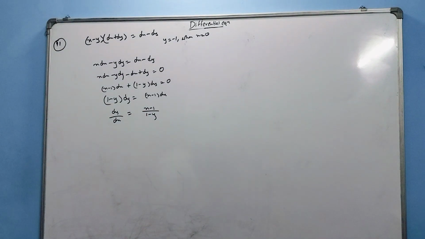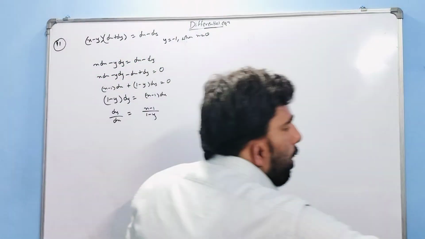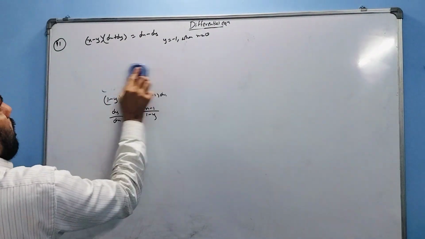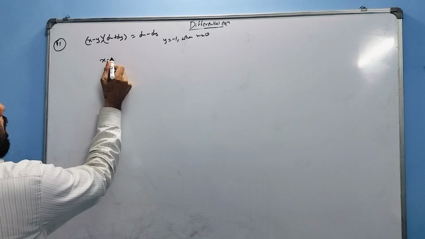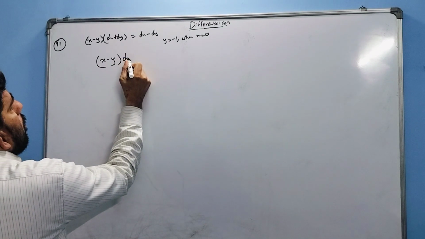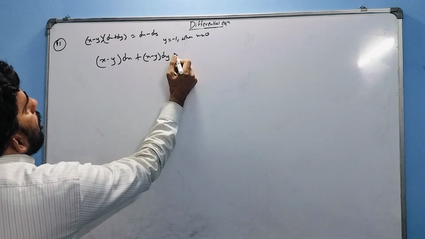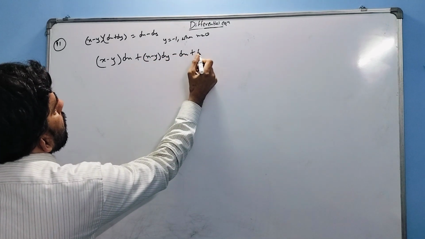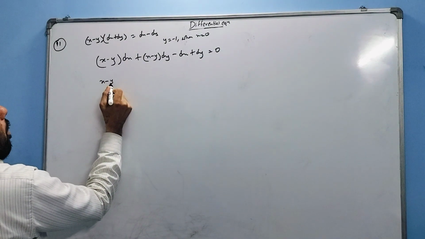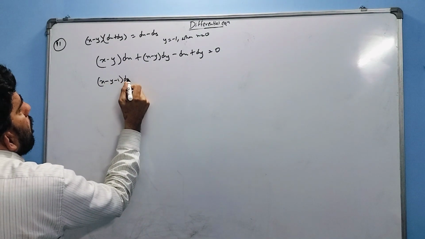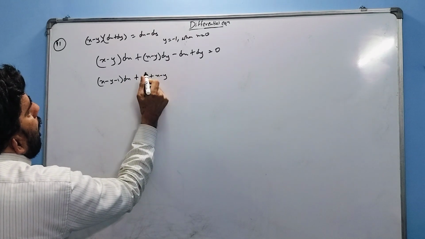Now in a very simple way, instead of separating them, we can do it like this: x minus y dx plus x minus y dy minus dx plus dy is equal to 0. So now x minus y minus 1 dx plus 1 plus x minus y dy is equal to 0.